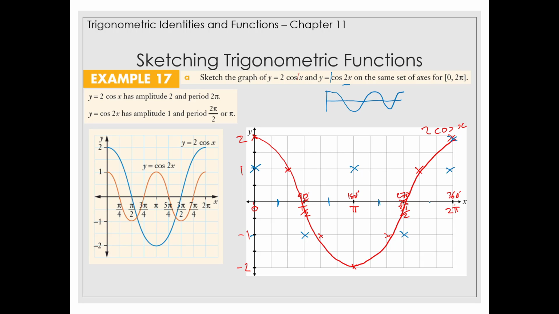And if we can estimate thirds, which is not as hard as it sounds because you've got a half and a half and a half, that would be our 60 point, 60, 60, that one, that one, that one, and that one. Then we can draw a curve through, and we label the curve: y is equal to cosine 2x.